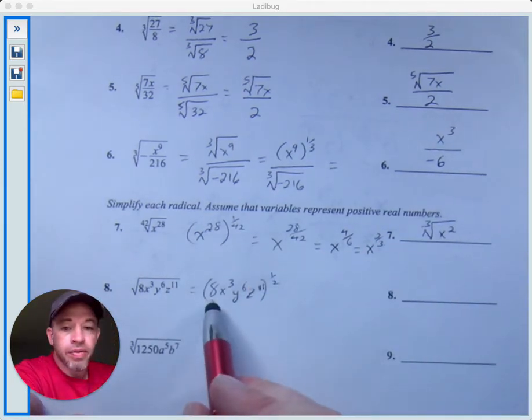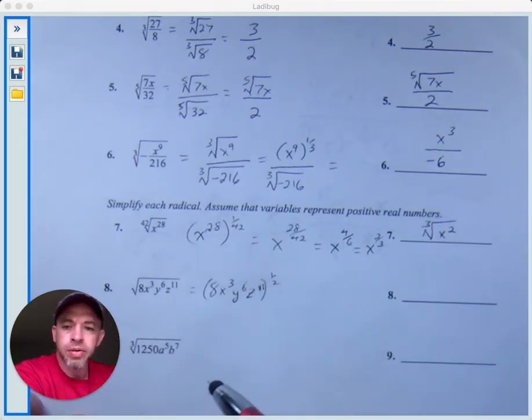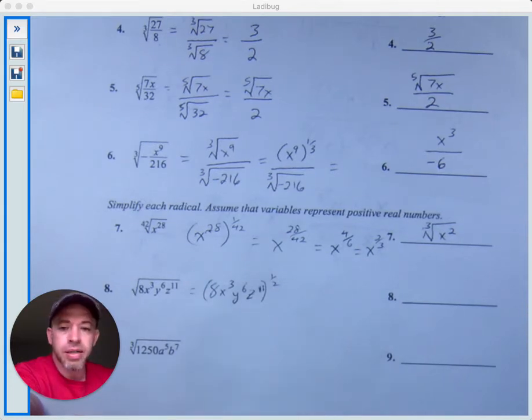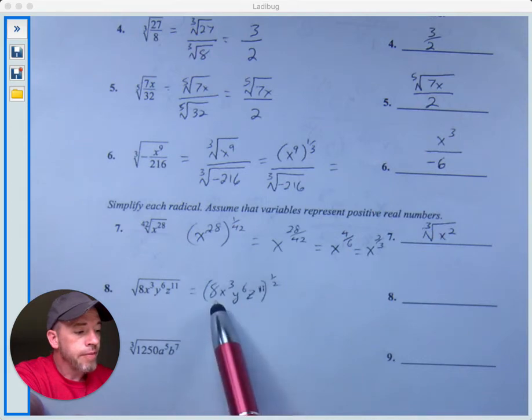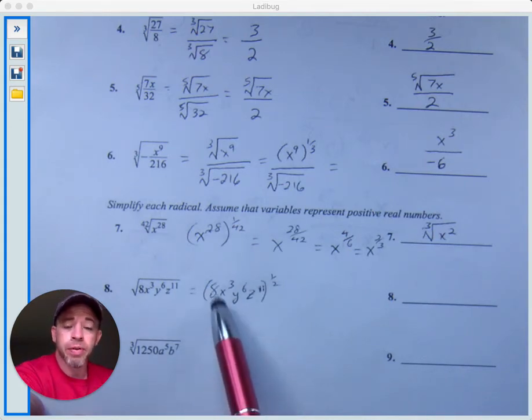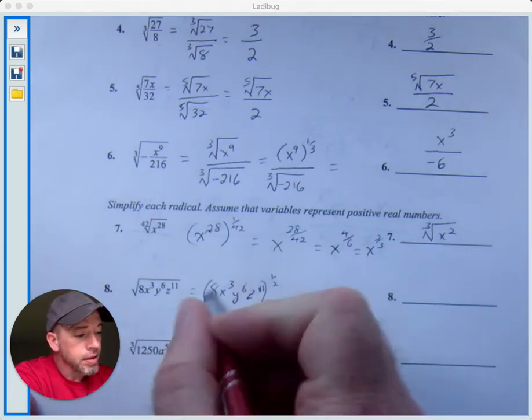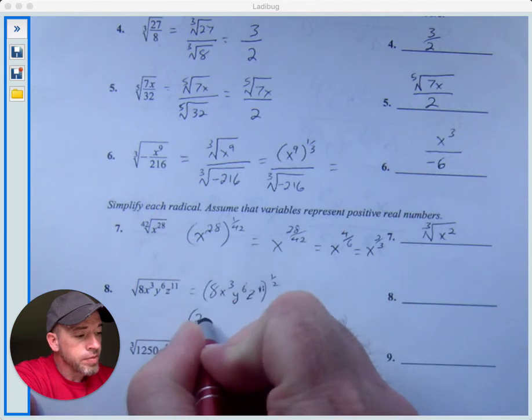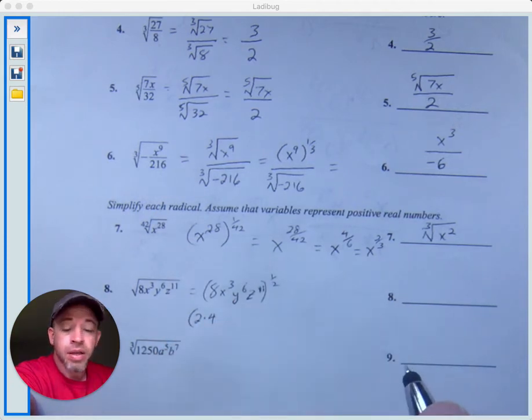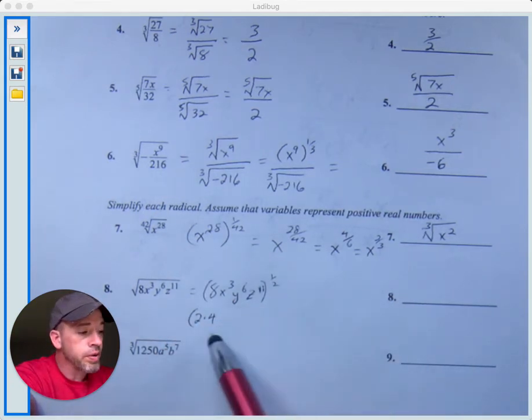So we have 8 to the 1/2 power, but you know what? The square root of 8 is not a nice number. So what I might do is factor something out of 8 that is a perfect square, like 4, right? So I'm going to write 8 as 2 times 4. And the reason I did that again is because 4 is a perfect square.